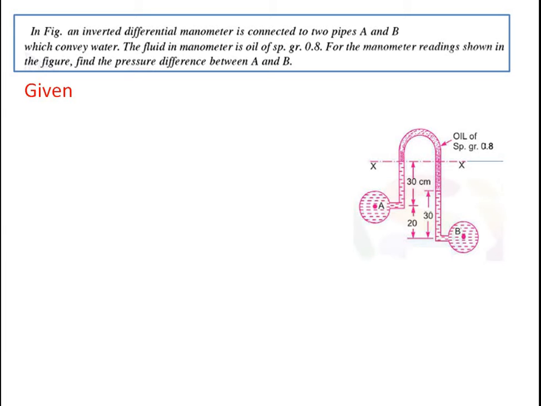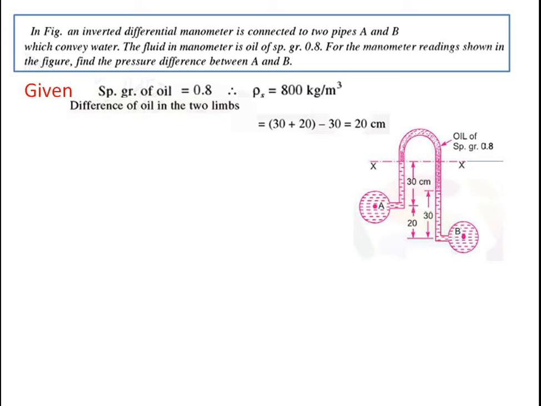Another thing is that the levels of A and B are not the same. Reservoir A is 20 mm above reservoir B, but with respect to the reference line, the manometer height is 30 cm for reservoir A and 30 cm for reservoir B. So from this given data, we have to solve the problem.